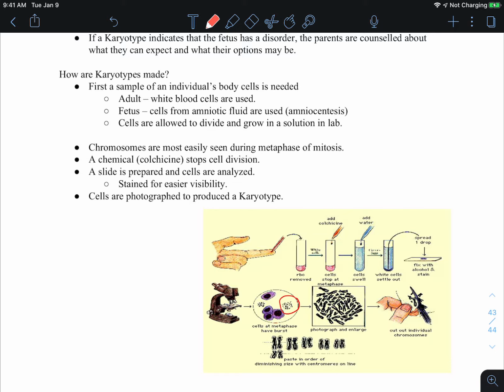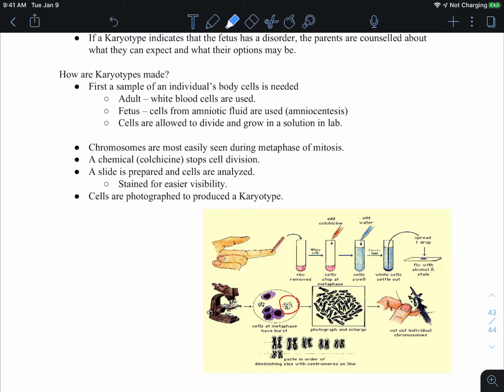Now that they're stained, some of those metaphase cells will have burst. Those cells that burst don't have a nucleus, and when they are stained onto this plate, they'll be spread out. If you scan the whole slide, at least one of the cells is likely to be organized in a nice enough way that you can take a photograph and then literally take a pair of scissors, probably done digitally now, and cut out each of the chromosomes, organize them, and paste them out in size from largest to smallest, and analyze them.